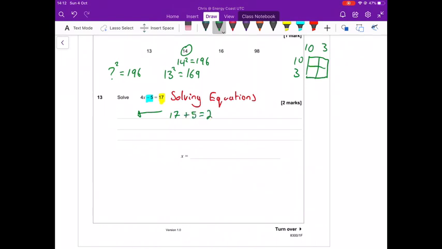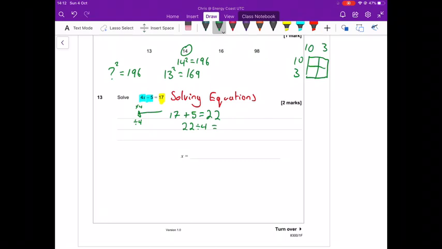I'm going to add 5, which equals 22. Okay. Then the next bit says 4x, which means 4 times x. So the opposite of timesing by 4 is dividing by 4. So that's what I need to do. I need to do 22 divided by 4, which is harder than it looks.